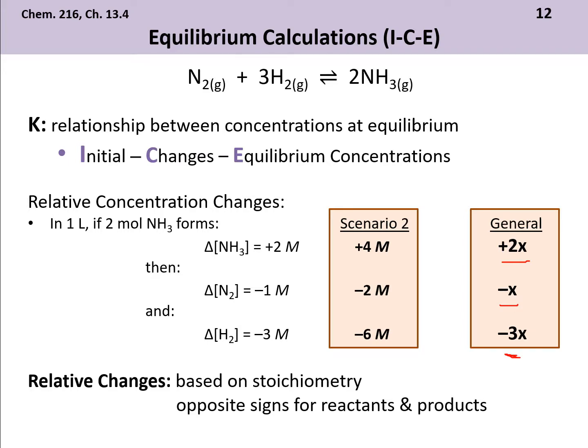If these are minus, this is going to be plus, and I'm looking at these coefficients, okay? For every time this increases by 2, this is going to go down by 1. These are relative changes. They're based on stoichiometry, and you always see opposite signs for reactants and products.